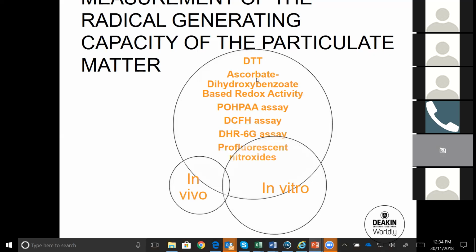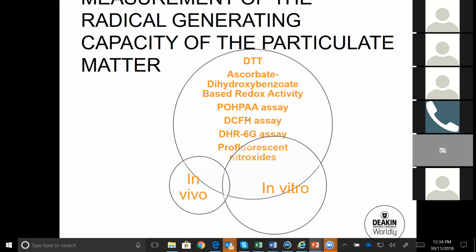The DTT assay is commonly used due to its ability to simulate the reaction responsible for the generation of ROS when PM interacts with cells, making it a suitable assay for the quantification of endogenous ROS. However, some new developments in microfluidic sensors have more recently allowed DTT measurements to be as fast as 18 minutes, which is still very, very long.